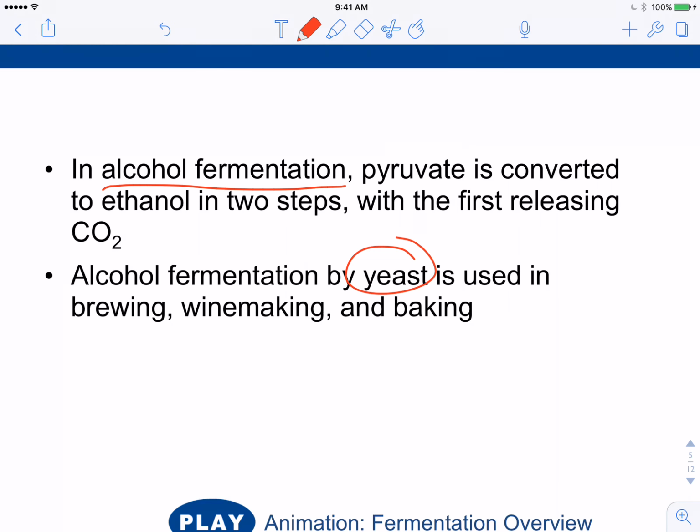Alcohol fermentation is exploited because it produces some alcohol. This is brewing, winemaking, baking, making bread, and you'll see why in just a minute. In alcohol fermentation, pyruvate from glycolysis is converted to ethyl alcohol in two steps, and the first one releases carbon dioxide. So let's have a look.